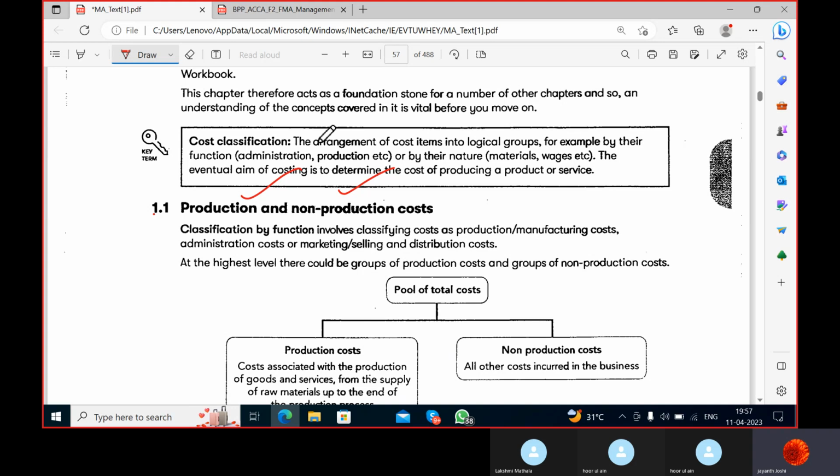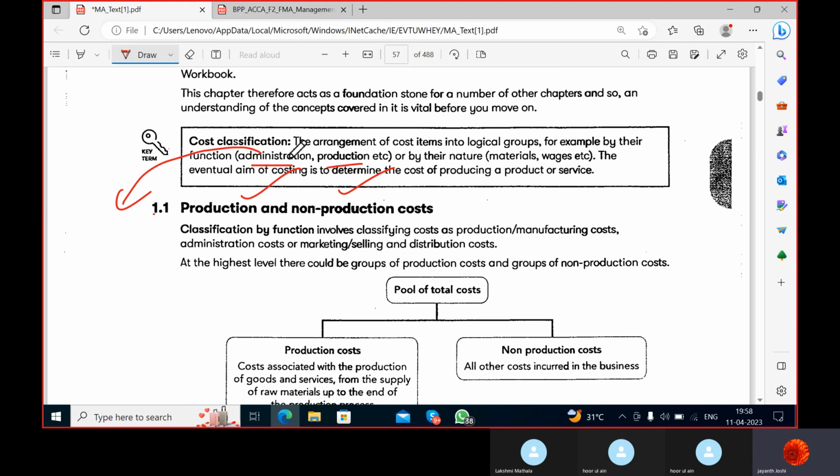You should understand logically how you are going to assign cost to some activity. So for example, we will classify the cost based upon functionality, like administration and production. So administration comes under what kind of cost? Production cost or non-production cost?